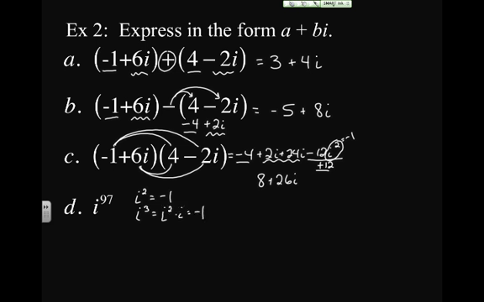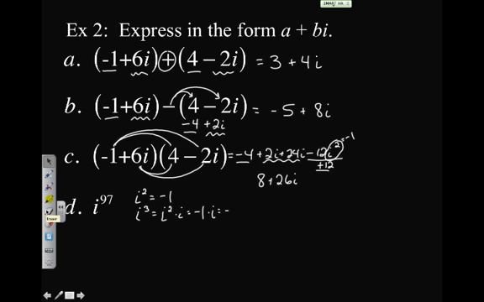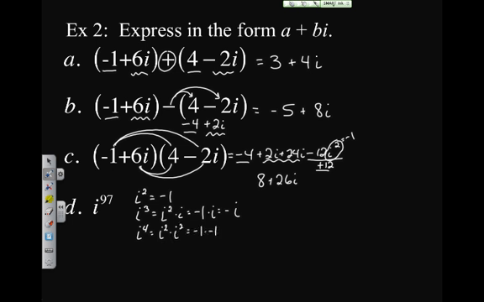So that makes it -1 times i, or -i. And then i to the 4th power equals i squared times i squared, which would be -1 times -1, and that is 1.